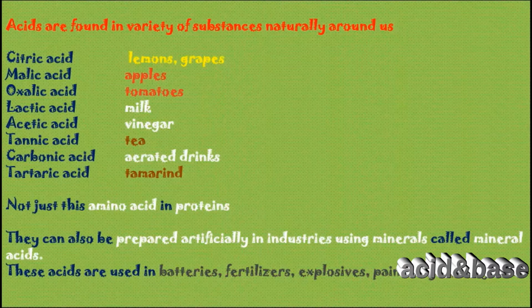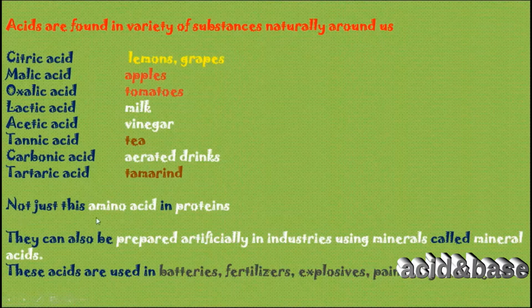In apples, we can find malic acid. In tomatoes, oxalic acid. In milk, lactic acid. In vinegar, acetic acid. In tea, tannic acid. In aerated drinks, carbonic acid. In tamarind, tartaric acid.